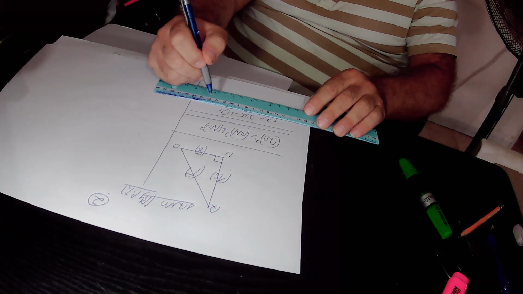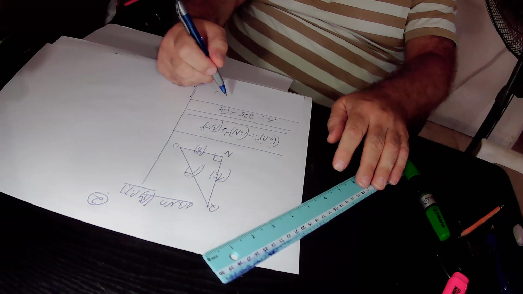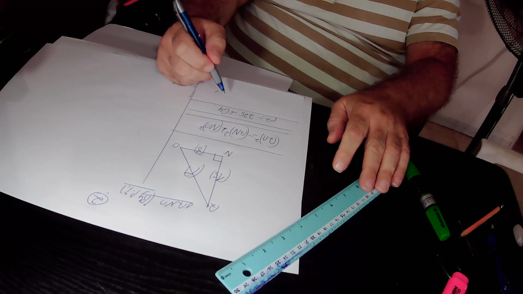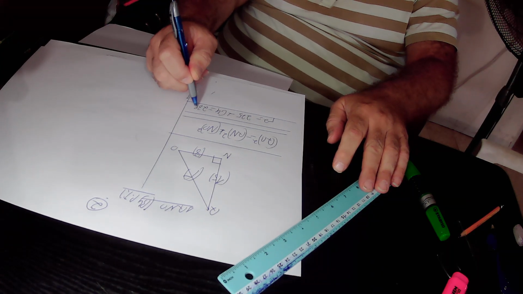So in total we found that R squared equals 225 plus 64. 225 plus 64 equals 289.